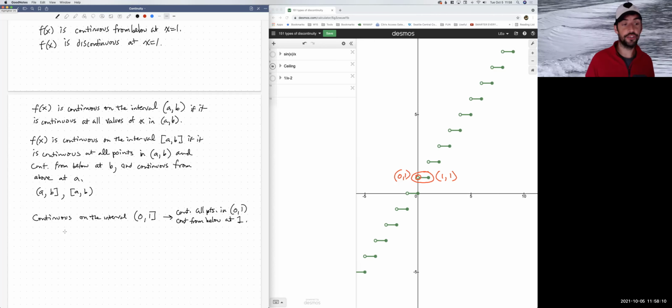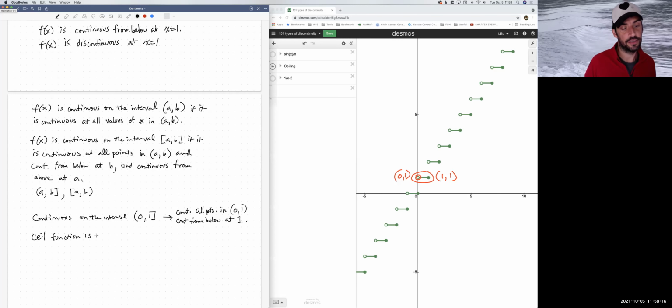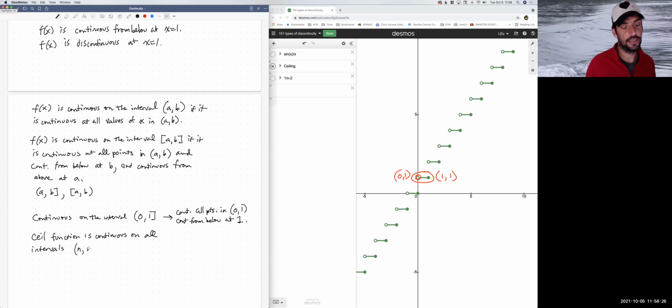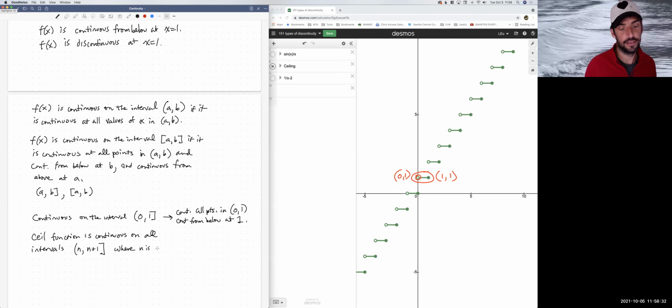We could say this function, the ceiling function, is continuous on all intervals, let's say (n, n+1], where n is an integer.